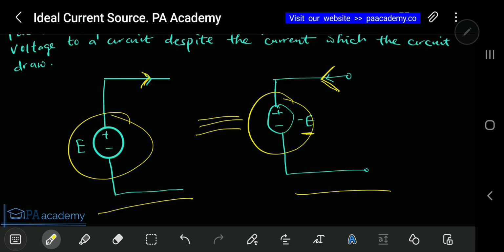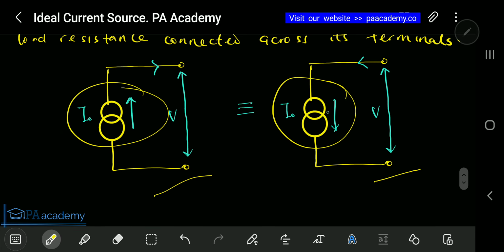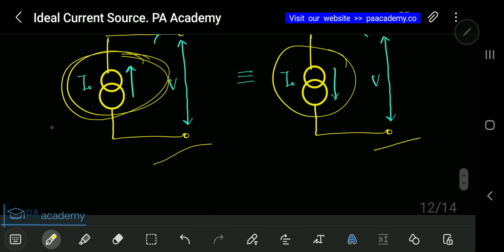So just for proper understanding, when you are dealing with a voltage source, you can use this showing the polarity, and that shows the voltage source. But if it is a current source, you're going to have something like this, or you can just have this. The arrow is also very important when you are indicating a current source.